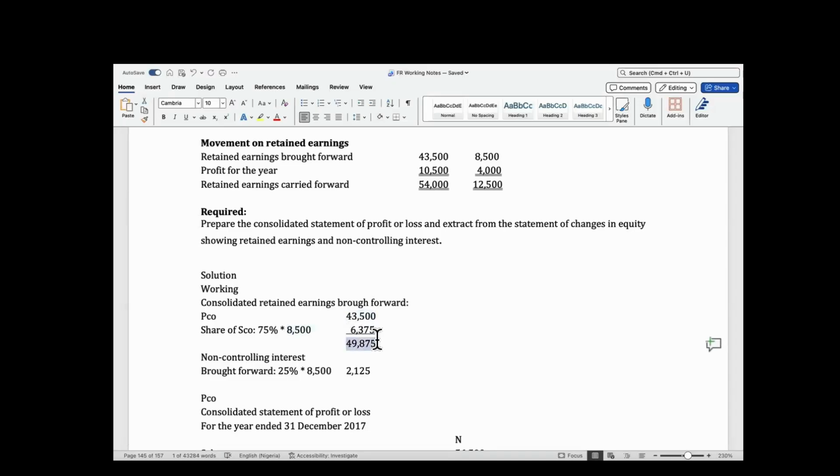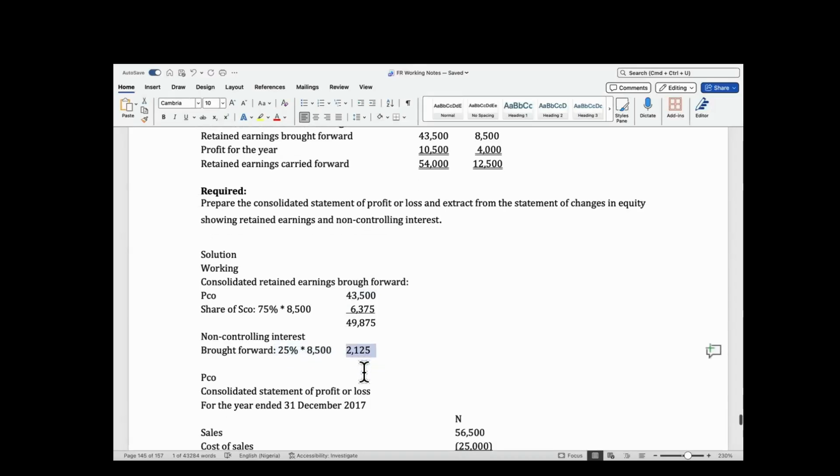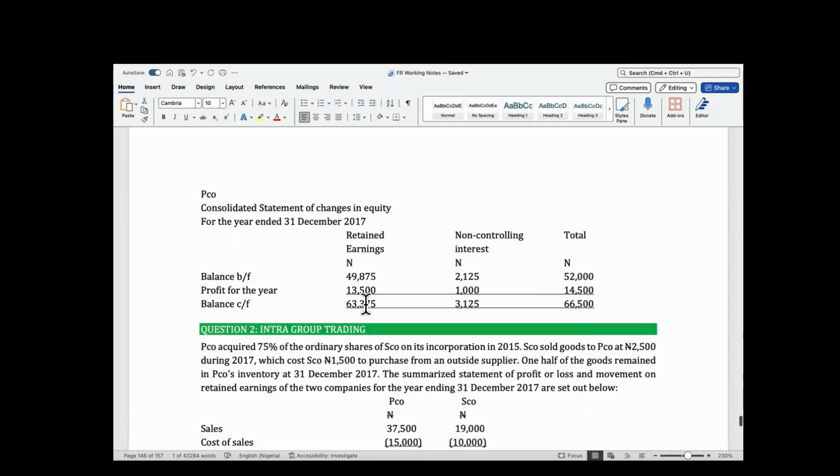If I add them together, it gives us 49,875. Then NCI will take the balance, which is 25% of the retained earnings of the subsidiary, which gives us 2,125. That's what I have here.